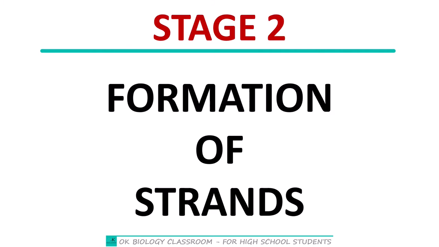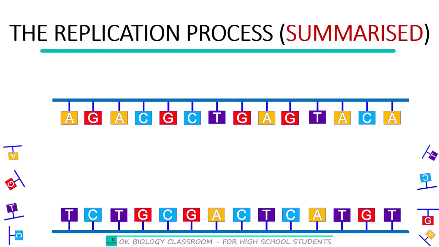Formation of the strands, stage 2, and look at how that occurs after unzipping. Formation of the strands. Okay. Within the nucleus of the cell, so in this case we are focusing on the eukaryotic cell where replication occurs within the nucleus.